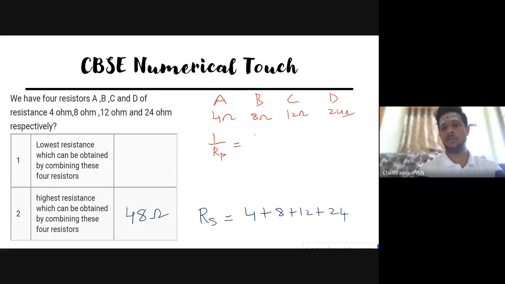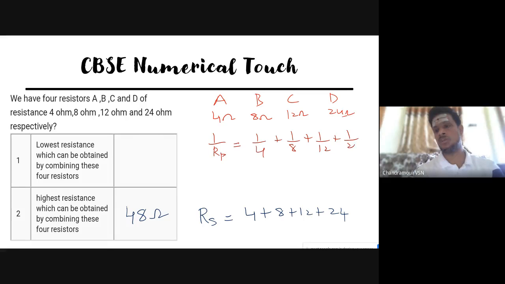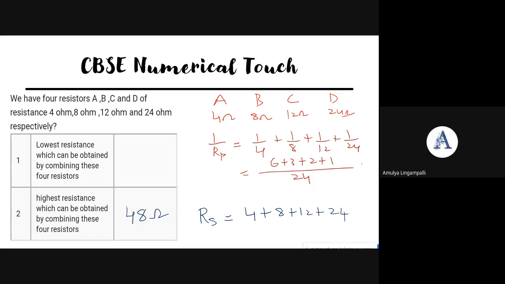Parallel means 1 by 4 plus 1 by 8 plus 1 by 12 plus 1 by 24. So I think 24 is the LCM. 4 sixes are 24, 8 threes are 24, 12 twos are 24, and 24 ones are 24. So how much do you get? 6 plus 3 plus 2 plus 1 is 12, so 12 by 24.